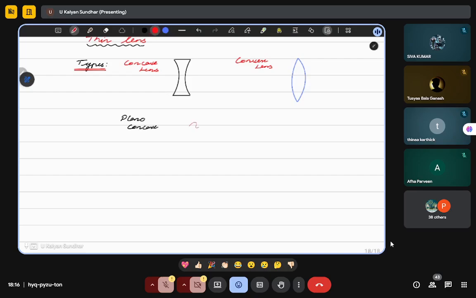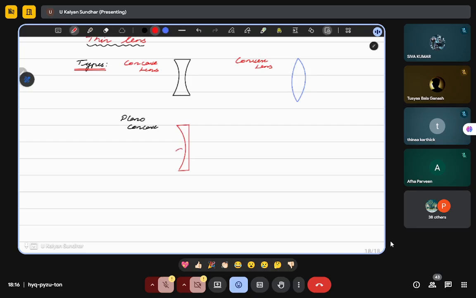Next comes your plano concave. So one surface will be plane and the other surface will be a concave surface. So something like this, right?